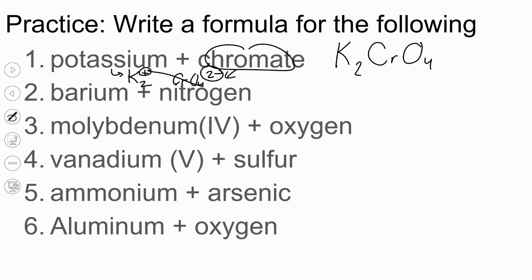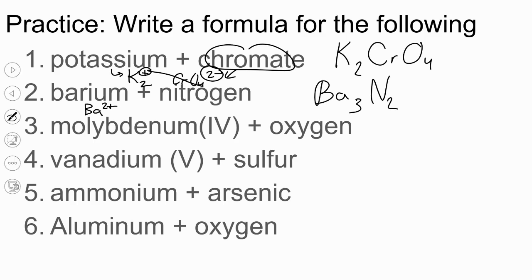We have barium plus nitrogen. We need to make a formula. What will our formula be? Ba, how many? Good. Okay. So we can see barium has a 2 plus charge because it's in the second column.